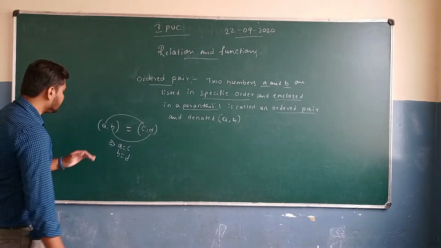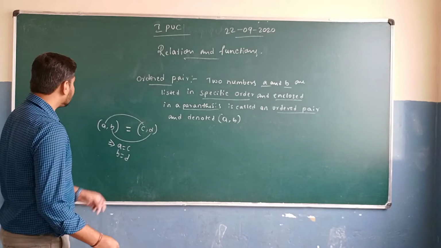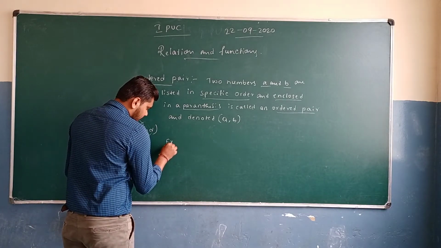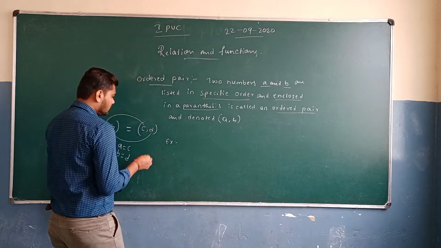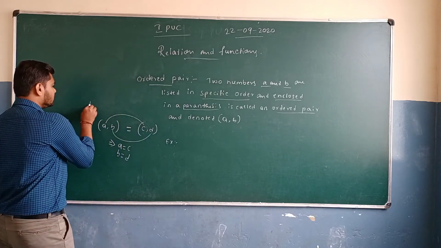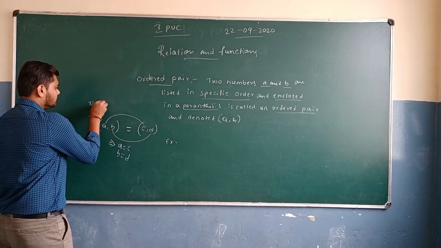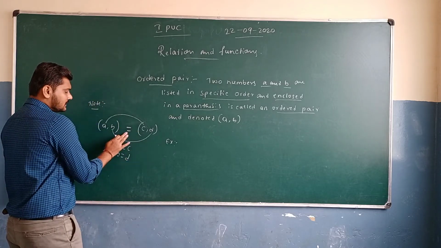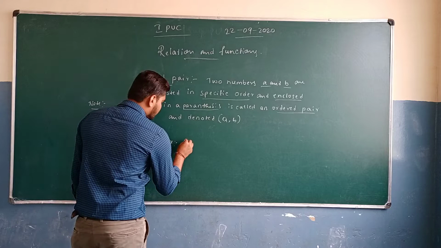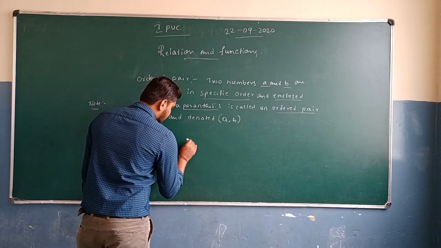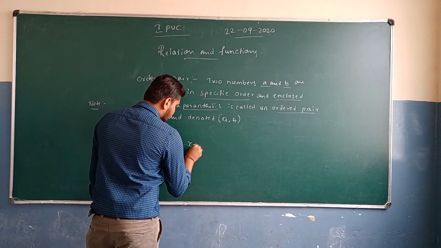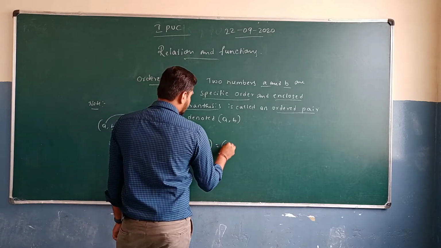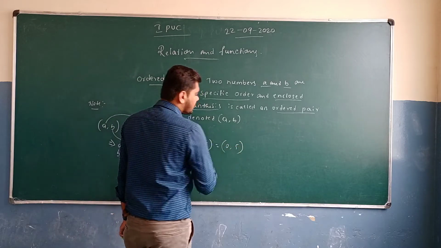Okay, so let me take an example for this one, for equality of an ordered pair. So we can mention it as a note here. This is going to be an example for equality of an ordered pair. Suppose we have x plus 3 comma 5 is equal to 0 comma 5.